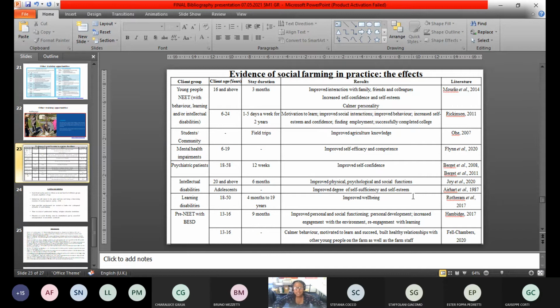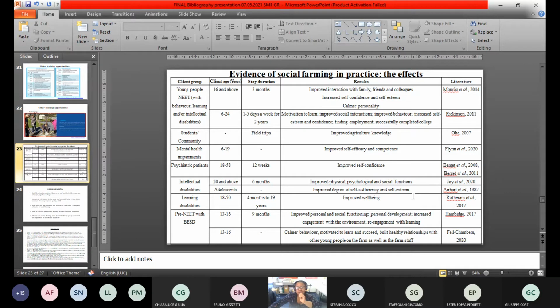In 2020, Flynn did a study in which mentally impaired clients, between 16 and 19 years old, were put on a farm. In the study, they reported major improvement in self-efficacy and competency of the clients.